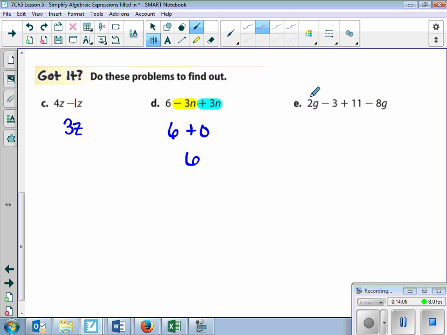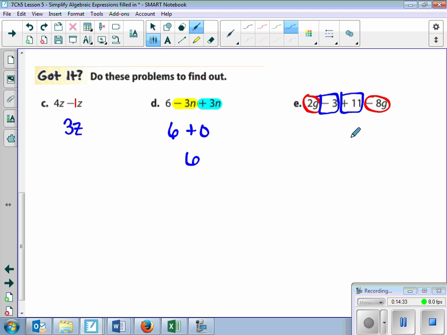This is how I do it when I just have a pencil, okay? The like terms are 2g and negative 8g. And the other like terms are negative 3 and positive 11. Does everybody see, since I don't have a highlighter, I just use shapes.